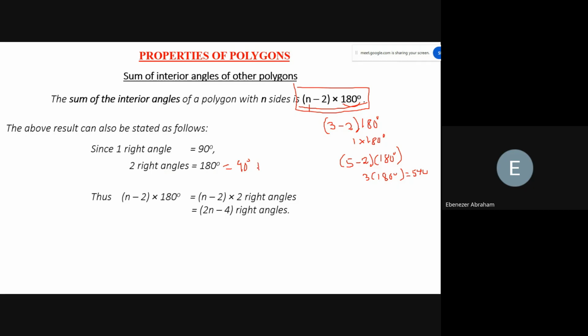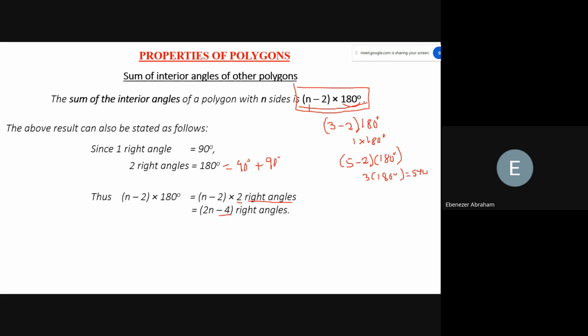If you see this formula, don't be quick to say it is wrong. So I have n minus 2 times 180 equals n minus 2 times 2 right angles.